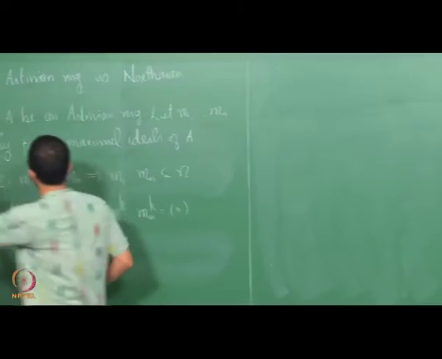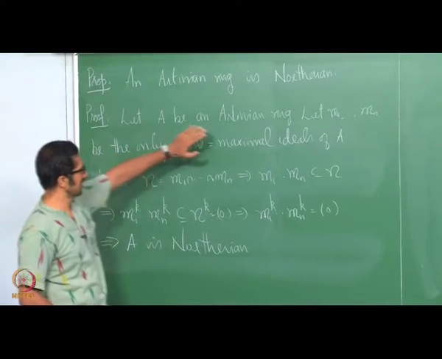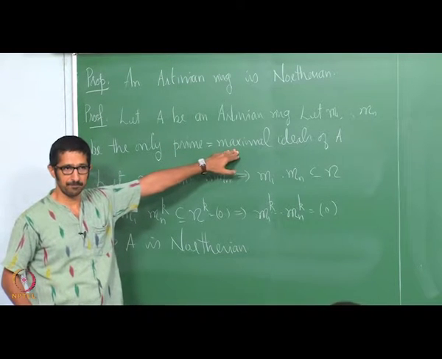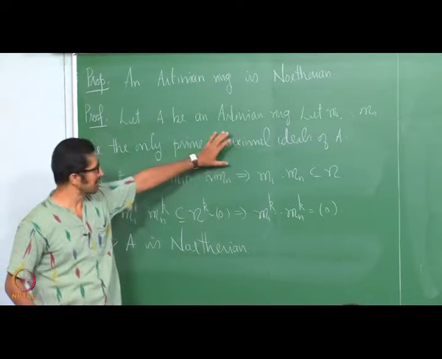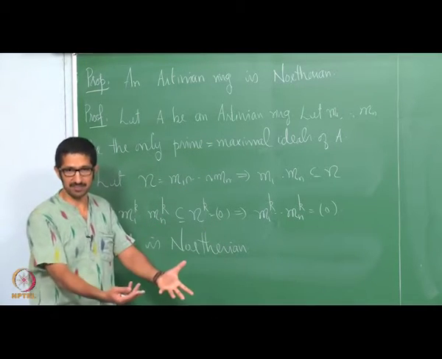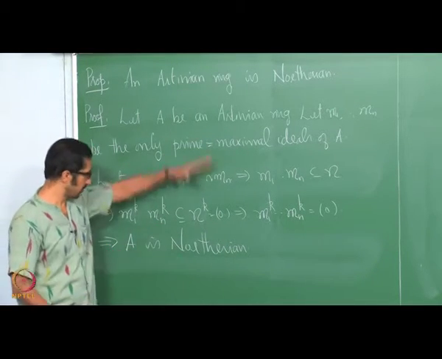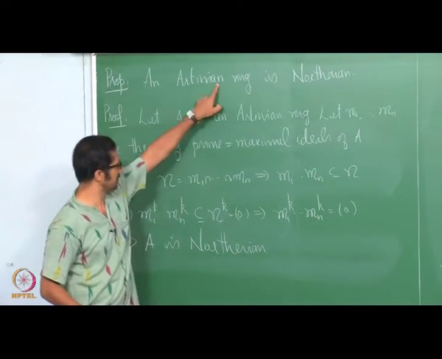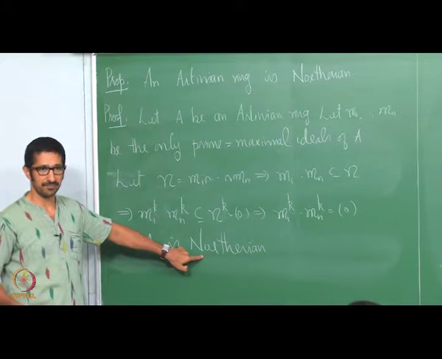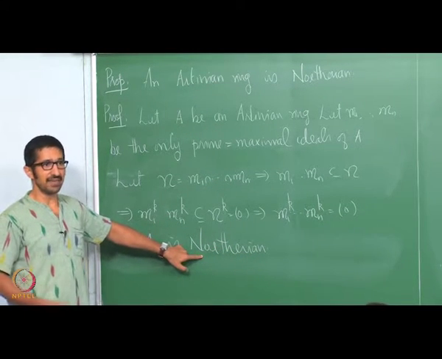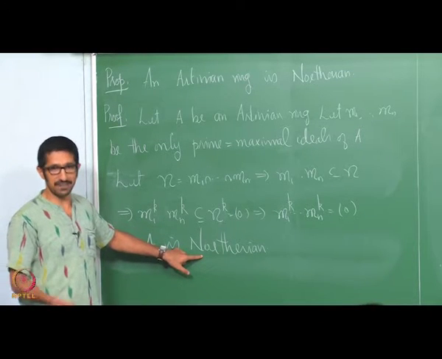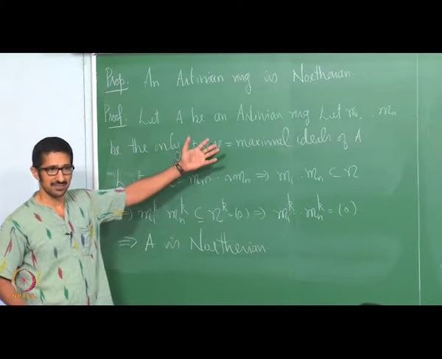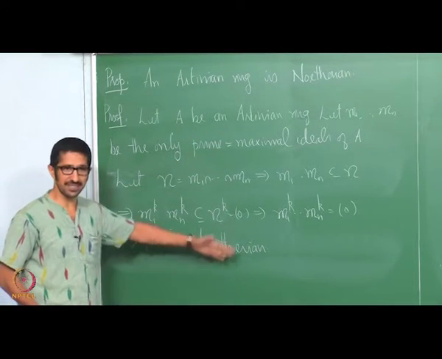See here, what are the conditions that we used in the Artinian ring? These are the only prime ideals. If this were true in the ring that we are starting with, then the whole thing goes through. We can just replace Artinian by Noetherian here. In other words, if A is a Noetherian ring such that every prime ideal is maximal, then it is Artinian. That is what the proof says.